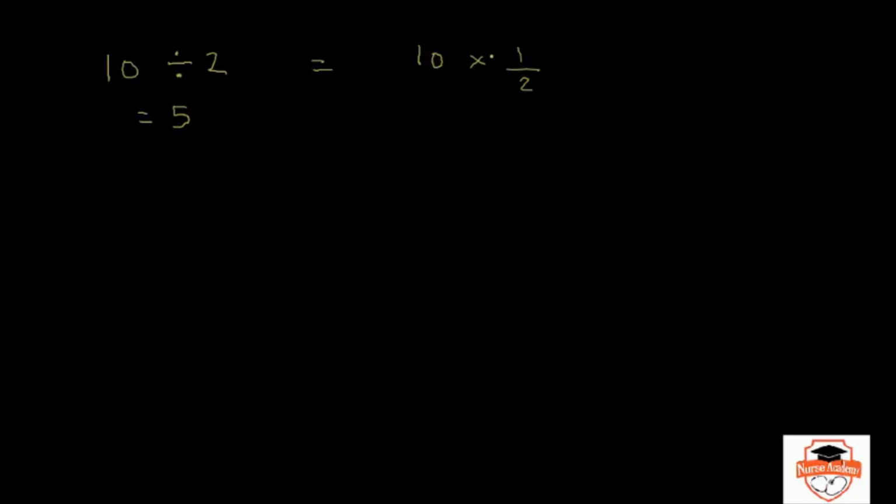So you know how to do this multiplication. You need to rewrite this 10 as a fraction. So 10 becomes 10 over 1. And then divide 10 with 2 and 2 with 2. Cross reduce. Simplify. So you have a 5 over 1 times 1 over 1, which is also equal to 5. So that works. Division with 2 is the same as multiplication with 1/2.